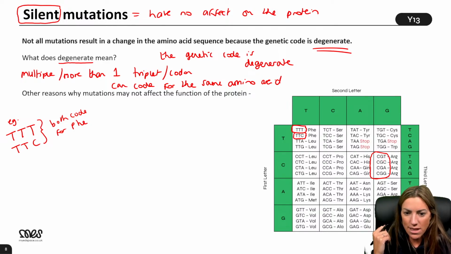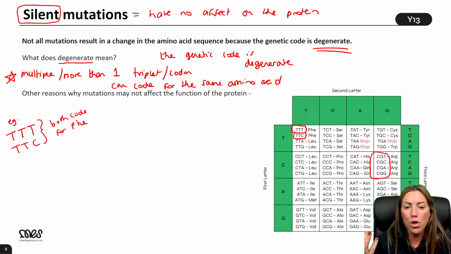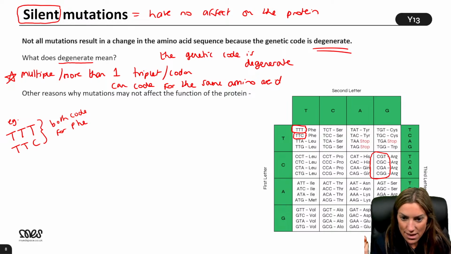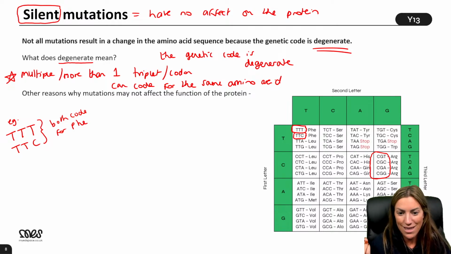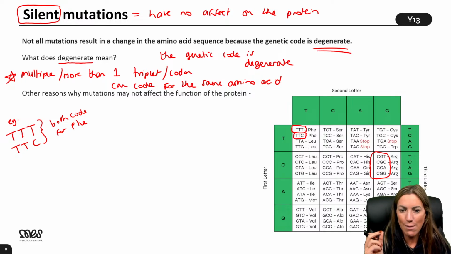Swaro's just asked, what's the difference between degenerate and universal? So degenerate is where you can have more than one triplet codes for the same amino acid. Can anyone tell us what universal means? Felicity says the same triplets or codons code for the same amino acids regardless of the organism. That is a perfect definition. Swaro, write down what Felicity said. Universal means the same triplets or the same codons code for the same amino acid in all living things.